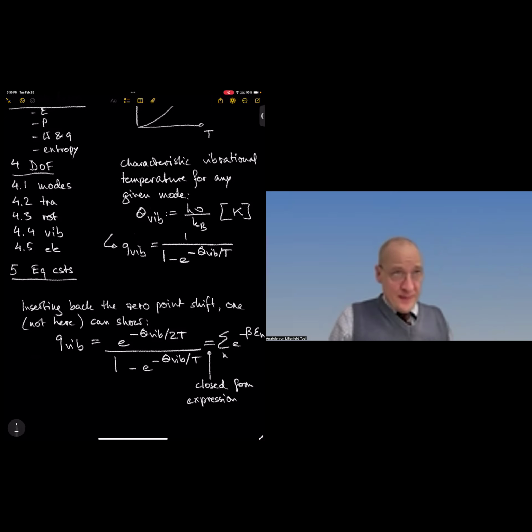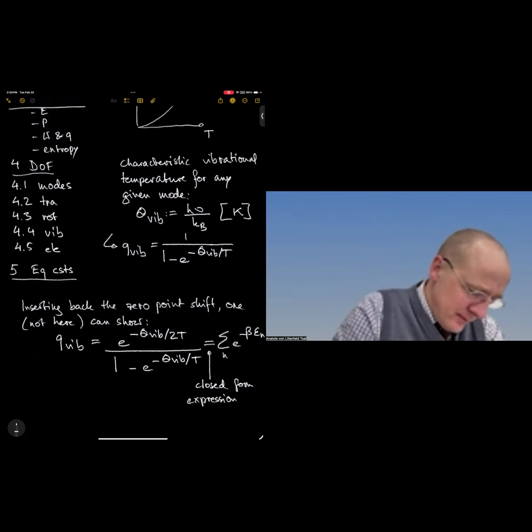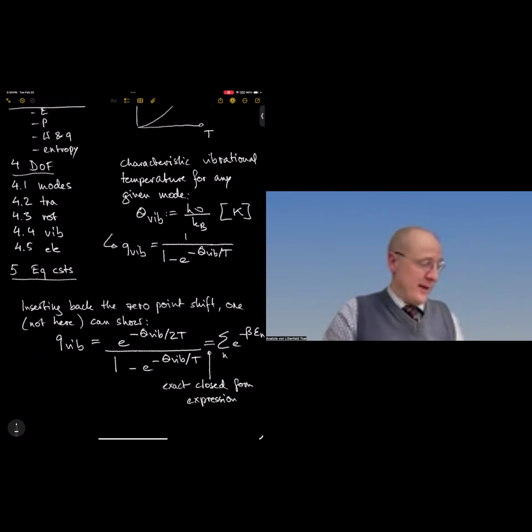And this is exact, unlike the rotation and the translation, where we had to cheat a little bit and we also needed to shift quantum numbers. In this case, because we can fix it back again with the 0-point shift, this is exact. So it's an exact closed form expression.